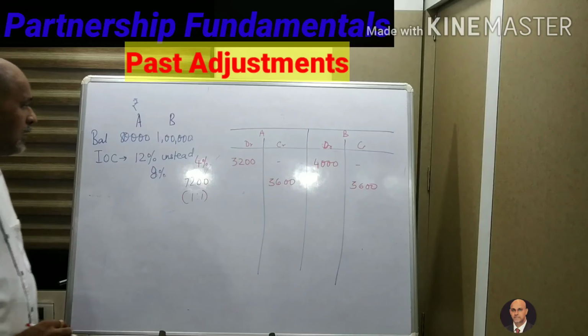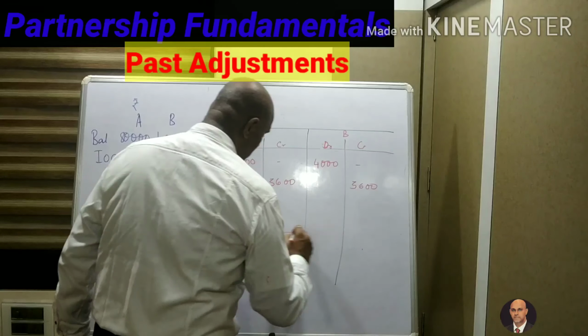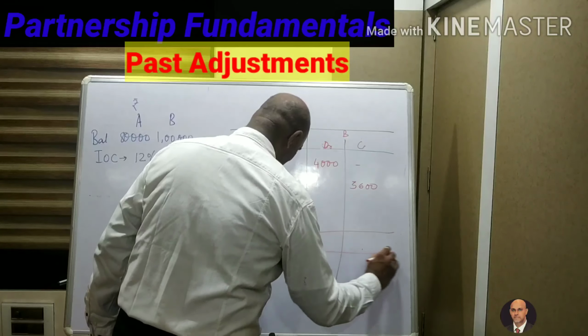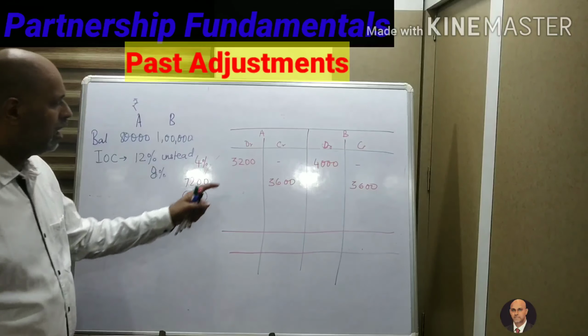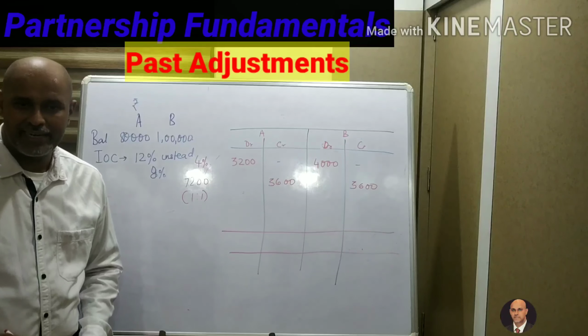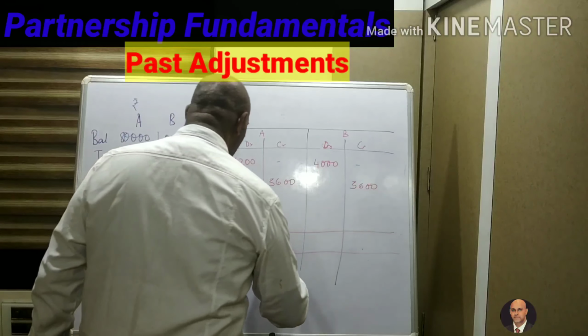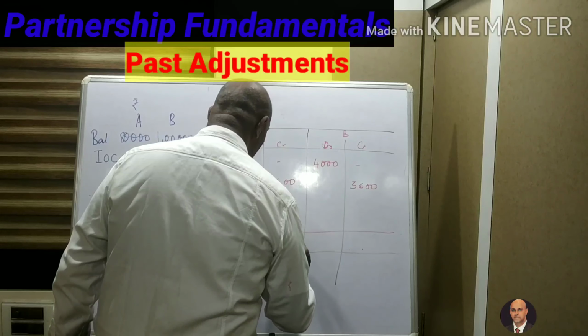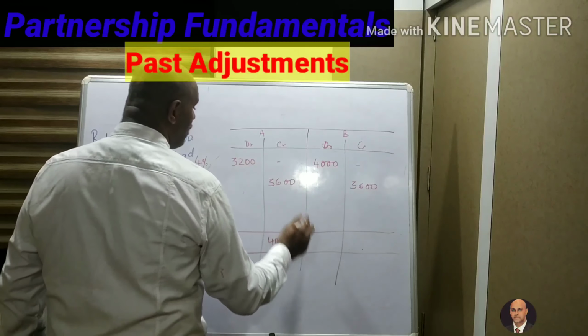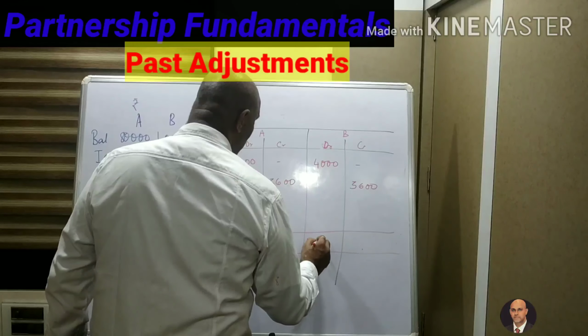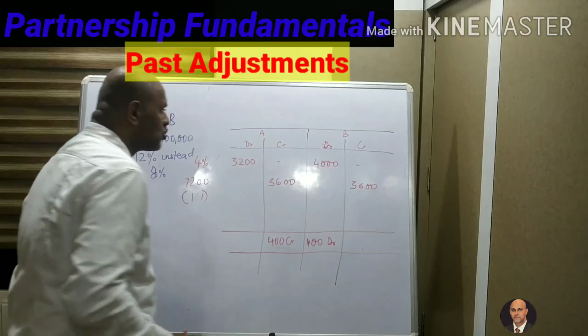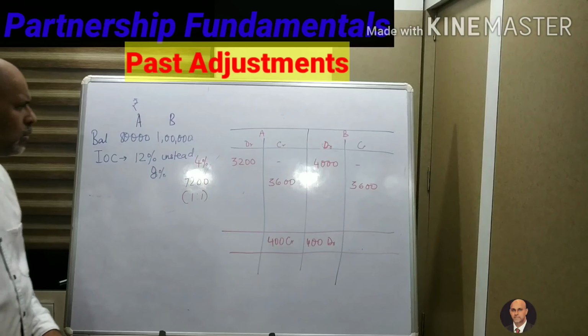Let us see. In this case, you will observe that the figure of A on the credit side is greater by 400. So 400 credit. And that of B is greater on the debit side by 400. So in this case, what shall we do?